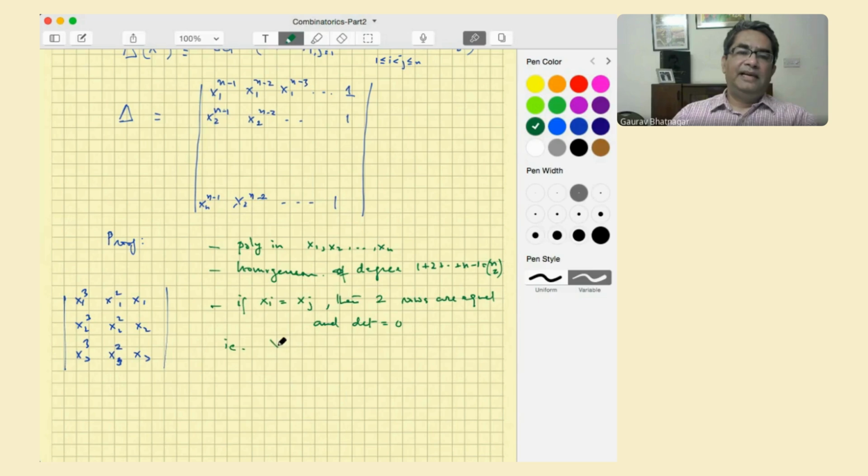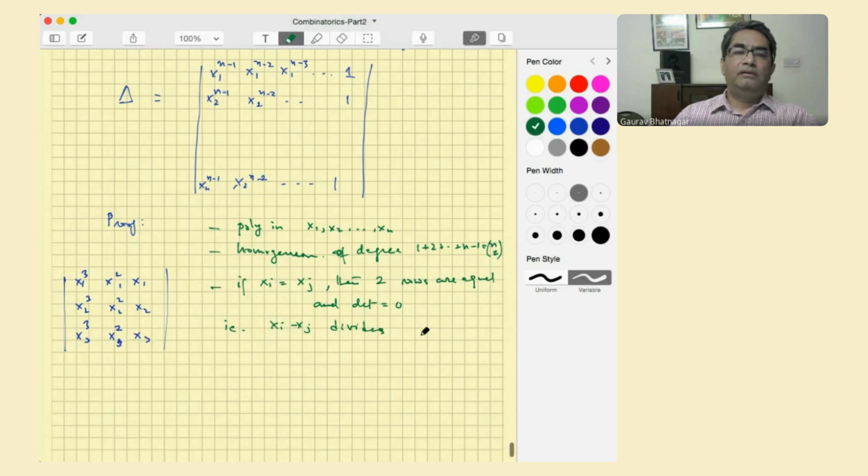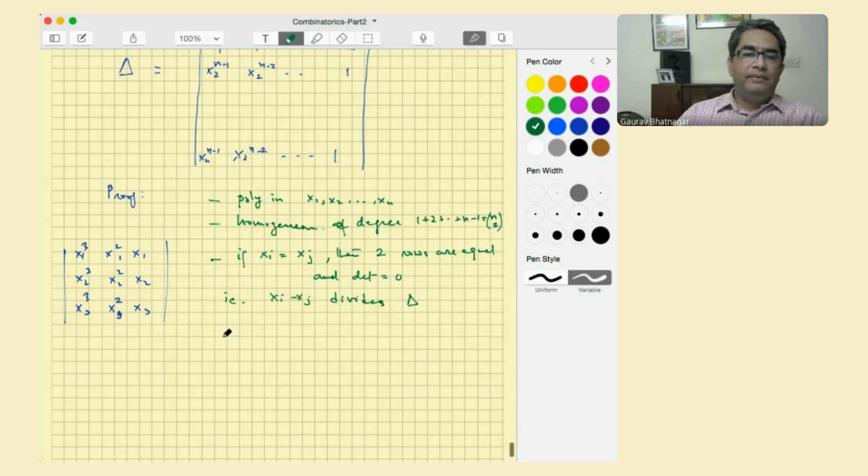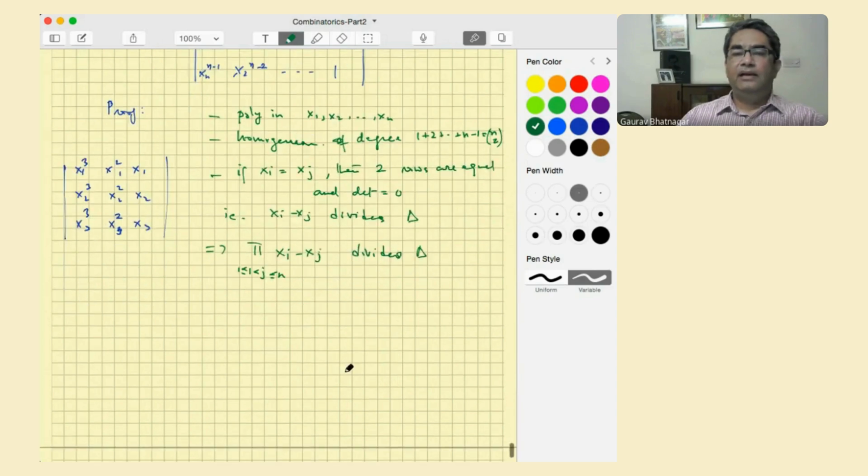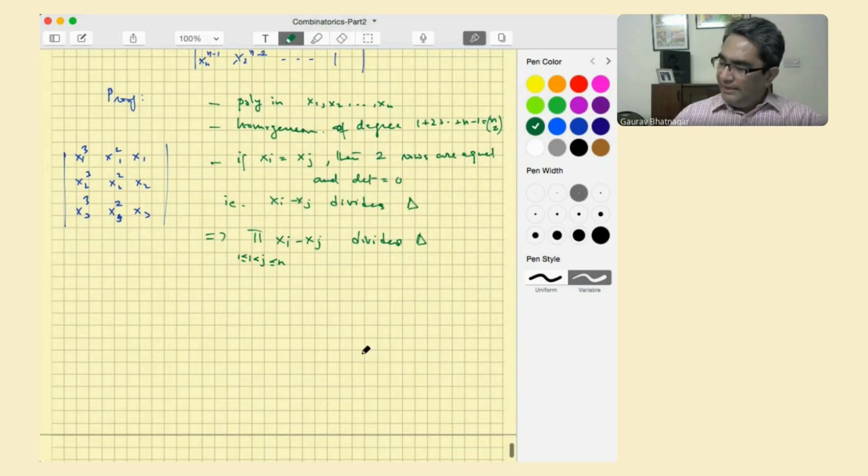So this means that xi minus xj divides this polynomial, and this means that the product of xi minus xj, for i less than j less than or equal to n, divides delta. Because these factors don't divide each other, they're relatively prime, so the product divides it. So what does this mean?